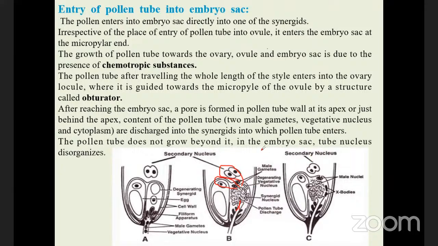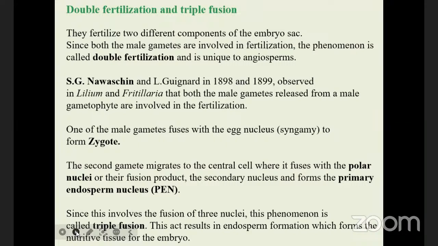There it stops and discharges the male gametes into the embryo sac. There, the two male gametes undergo fusion two times. That's why we call it double fertilization. Two different fertilizations.